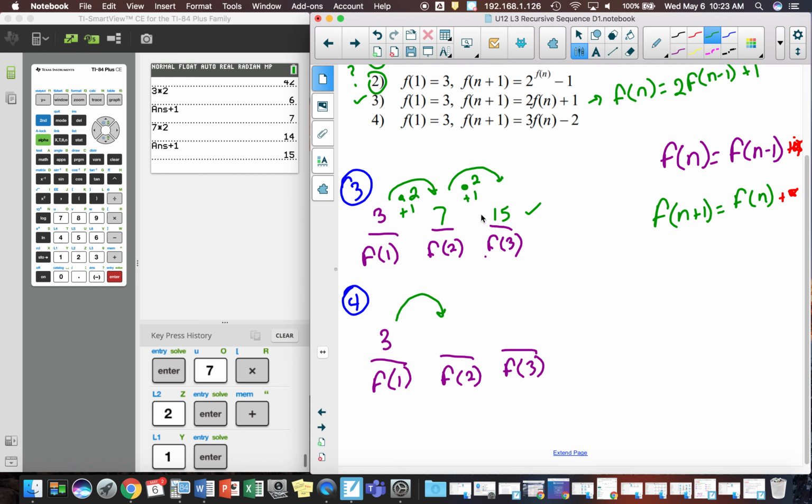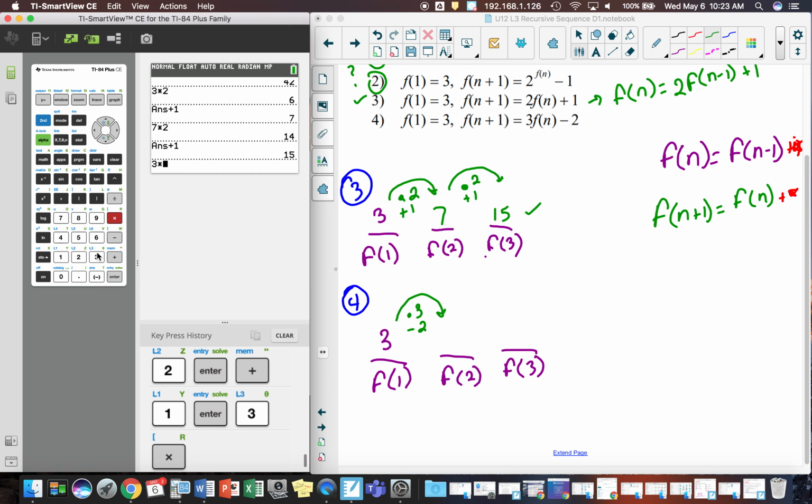Our rule for number 4 says we're going to multiply by 3 and then subtract 2. So times 3 minus 2. Okay, so 3 times 3 is 9 minus 2, which is 7.